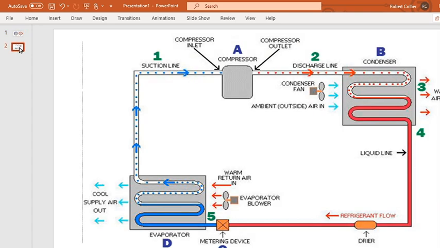So the 85 degree refrigerant runs into this coil. What we need to do in this coil is lower the temperature enough, approximately 10 degrees or so, depending on the system and the type of refrigerant, to change that vapor into a liquid, which is the solid red line here.